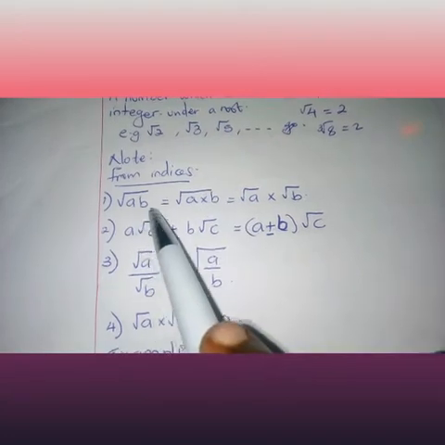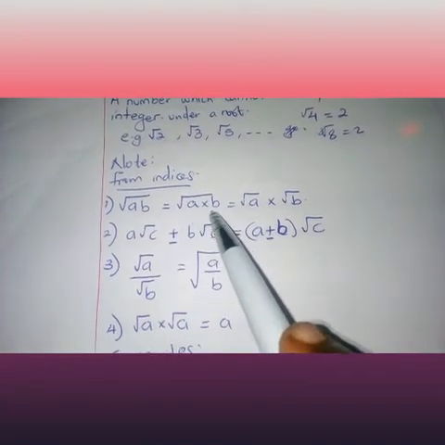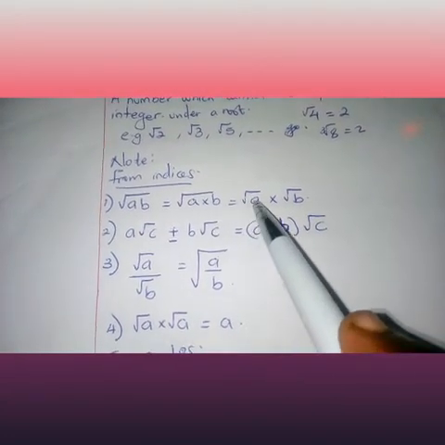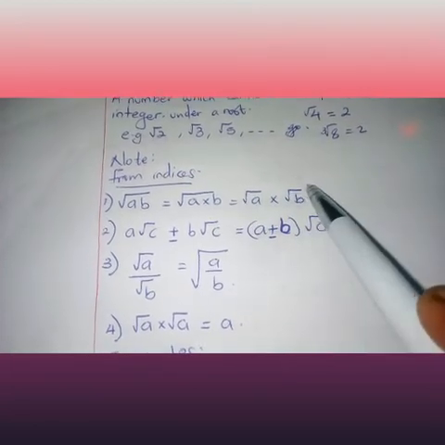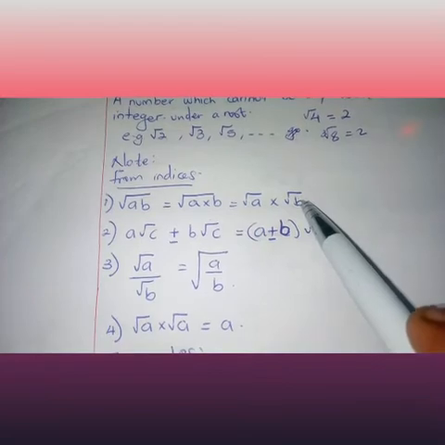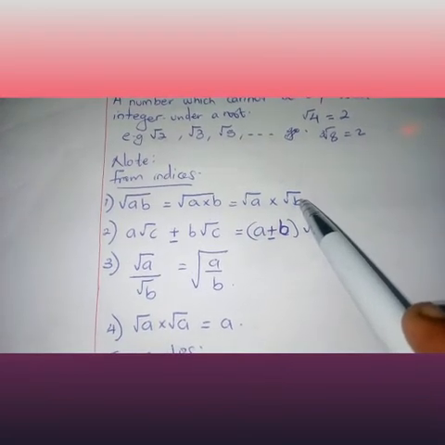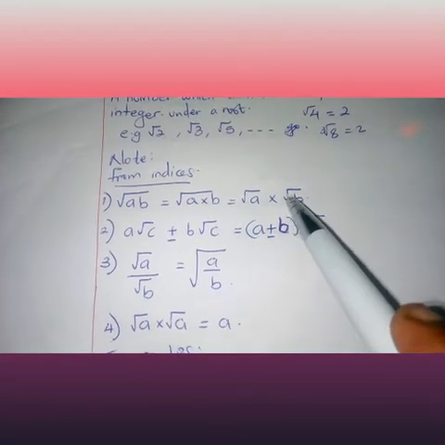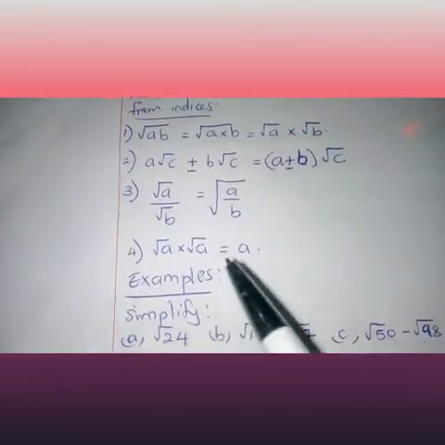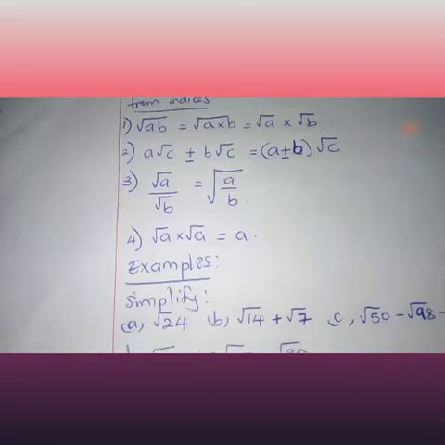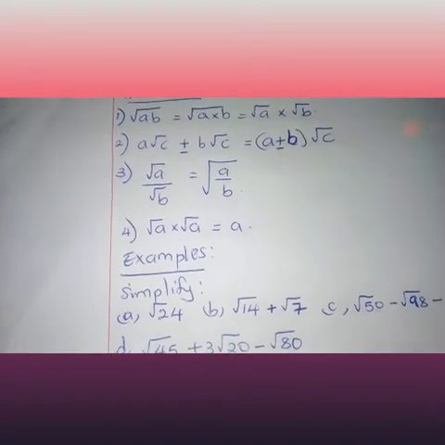For these other cases, root AB is the same as this, which this root can distribute. This root is like a power, so that's why I'm saying this is something from indices. So it can distribute under multiplication. Same goes when it is under division. Then here, when you have root a times root a, that one gives you a.